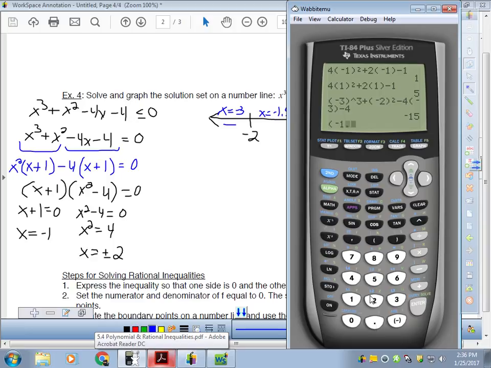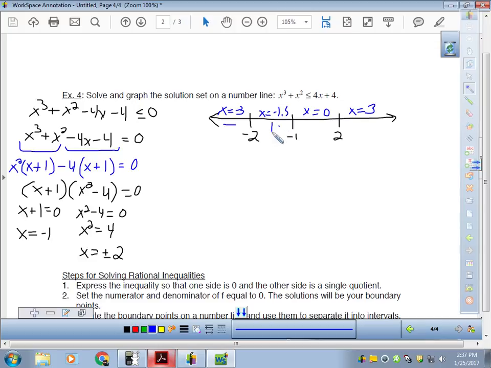Negative 1.5 getting cubed plus negative 1.5 getting squared minus 4 times negative 1.5 minus 4. That gives me a small positive, but still a positive. So positive.